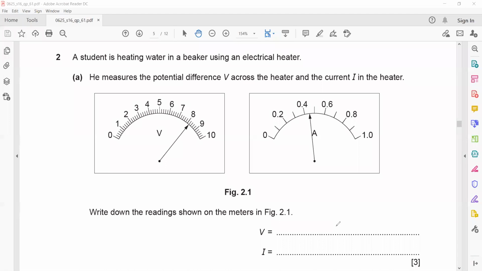It is 8.2 because between 0 and 1 there are 5 lines, so each is equal to 0.2. You will lose a mark if you write 8.1.